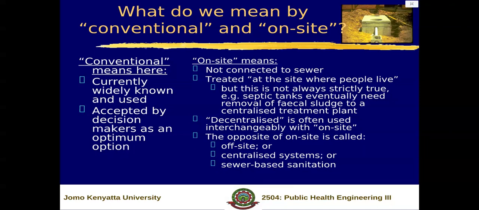Very, very important in defining what on-site wastewater treatment is. And this almost always, but not strictly true, involves a primary settling system, or what we call a septic tank. We are going to discuss in a little more detail how to design a septic tank, things to consider.